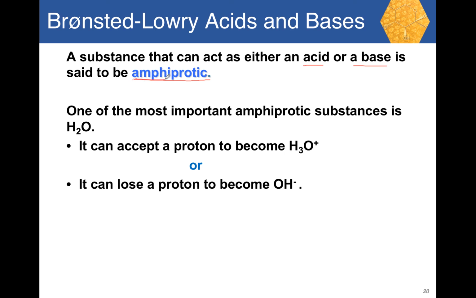Amphi here means both, and of course you can recognize that protic means protons or hydrogen. Another example is water. Water is amphiprotic because, as you know, it can accept a proton to become H3O plus, the hydronium ion, or it can lose a hydrogen to become OH negative, which of course is the hydroxide anion.